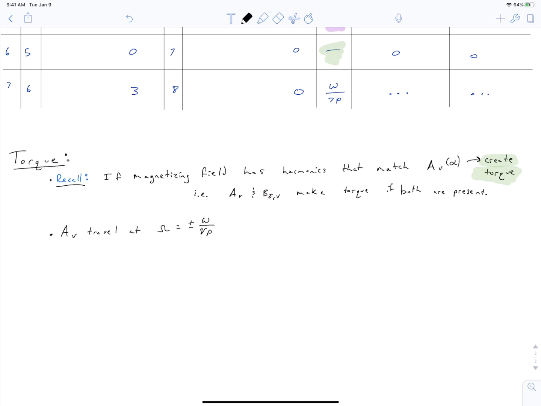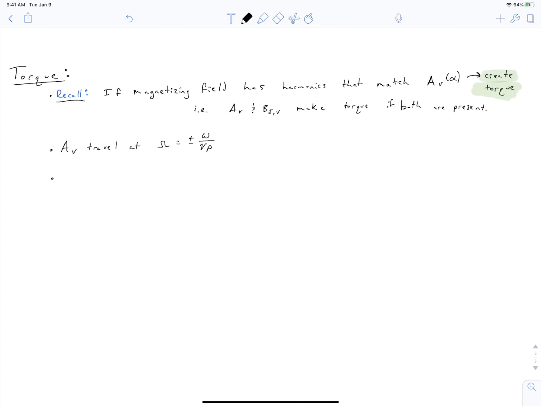So some harmonics travel in the positive direction, others travel in the reverse direction, but the magnitude of the speed is always our electric frequency, that is our supply frequency, divided by our harmonic index times our number of pole pairs. And if we write our magnetizing field expression out as a Fourier series, so let's talk about an individual harmonic, we notice that all the harmonics actually travel at the same speed in this case, which is going to be omega by p.